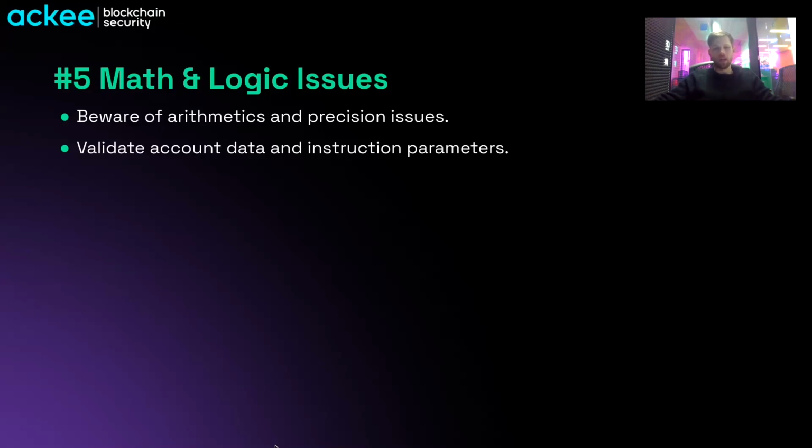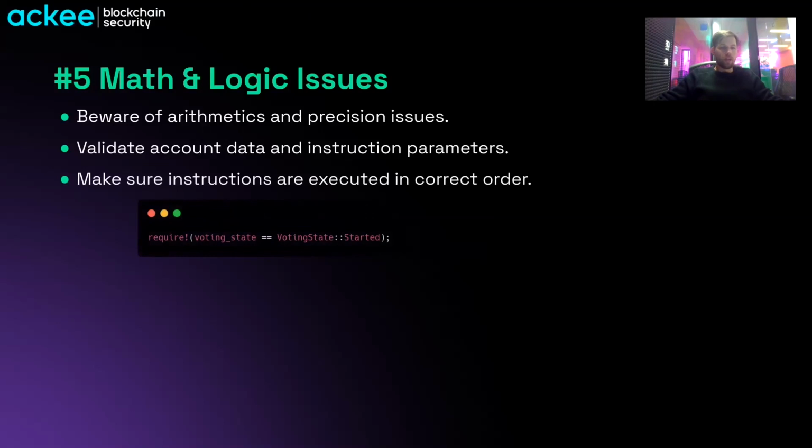Then Rust can help you to verify that the parameters supplied to the instructions have the correct types, and so on. But Anchor and Rust again do not know what you would like to do with this data and with the values. So it's entirely on you to verify that the values supplied to your program are correct, and that they are, for example, within the correct range, and so on.